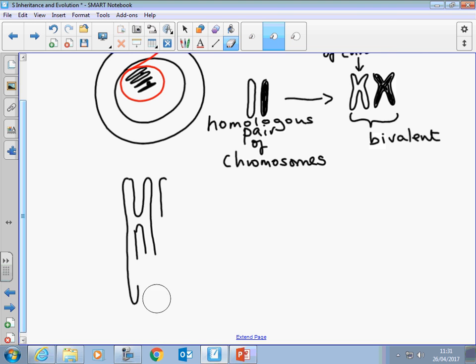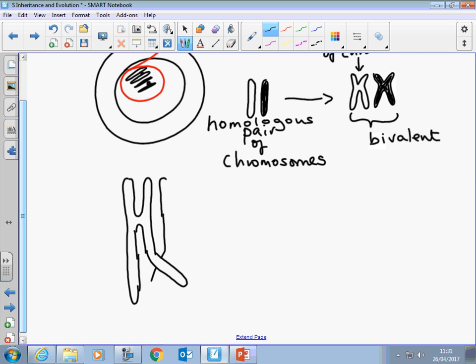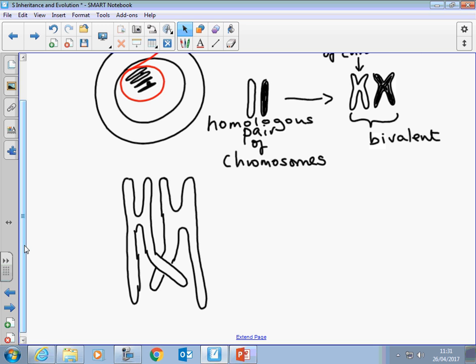Let's draw them crossing over straight away. What's going to happen is, let's draw that one sticking out like that, and this one's sticking out like that. Those sides appear to be a bit shorter, and I'm having problems drawing. All right, so they've sort of wrapped their legs around each other.